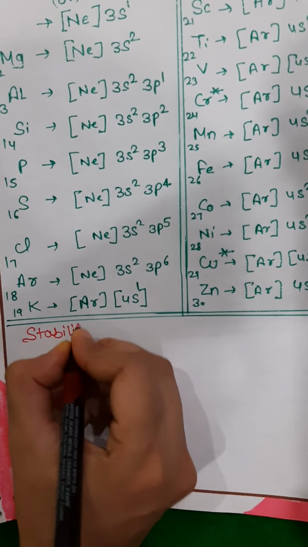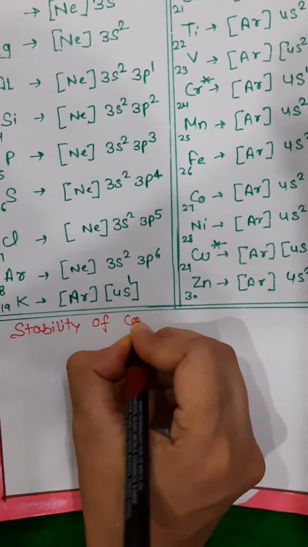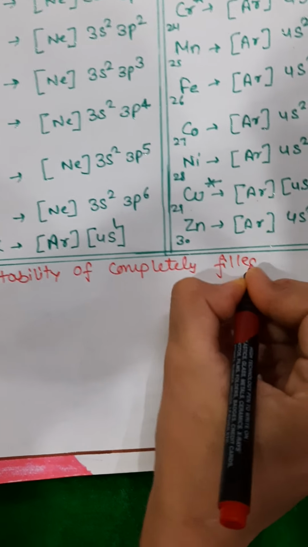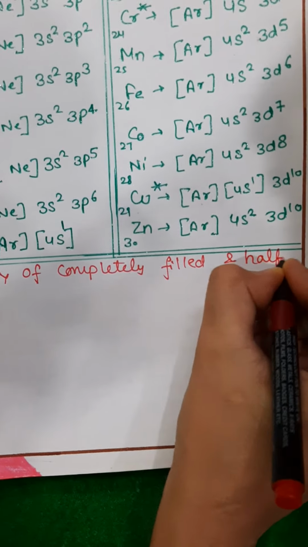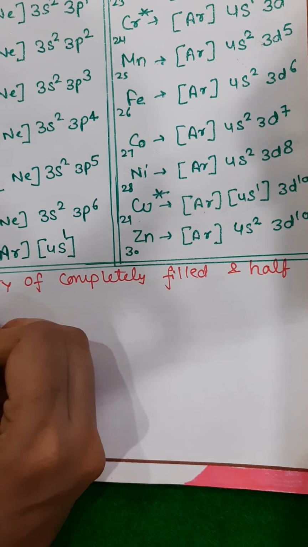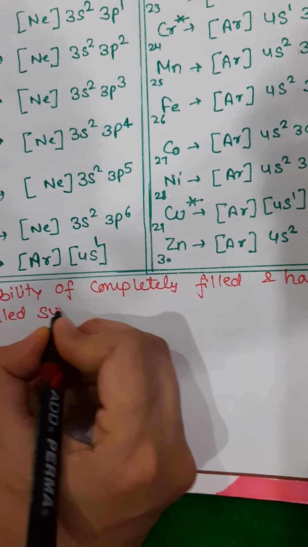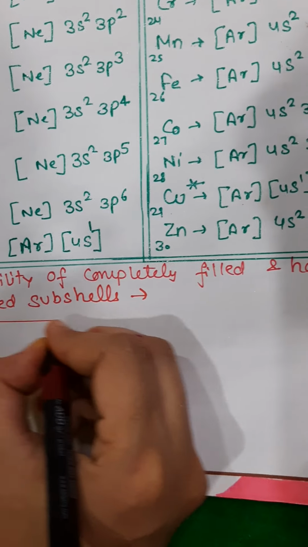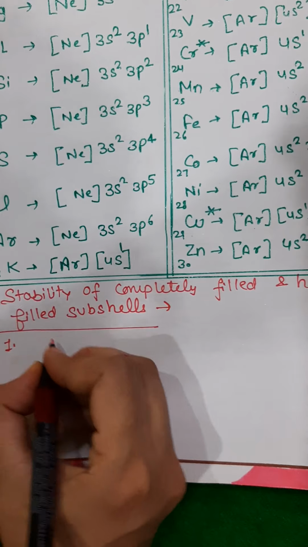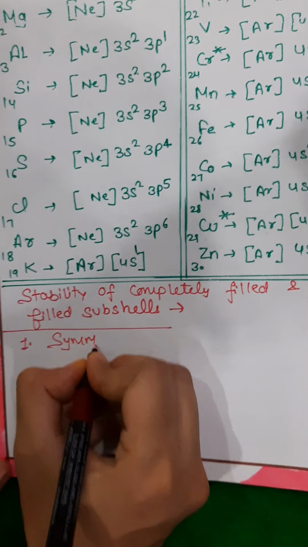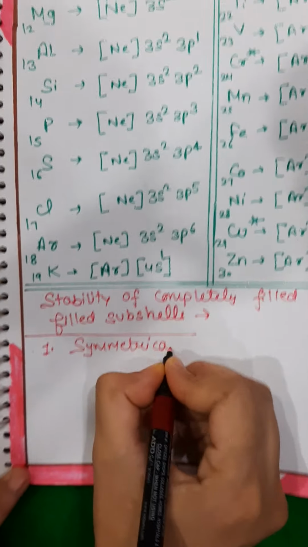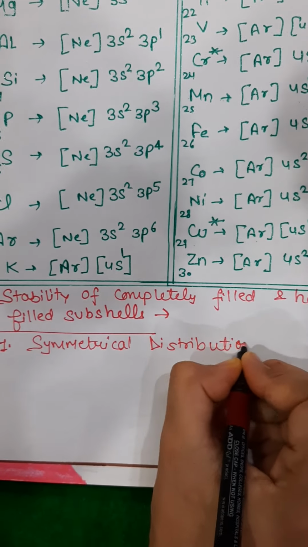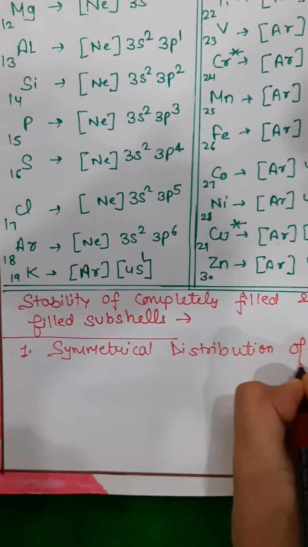Stability of completely filled and half filled subshells. First is symmetrical distribution of electrons.